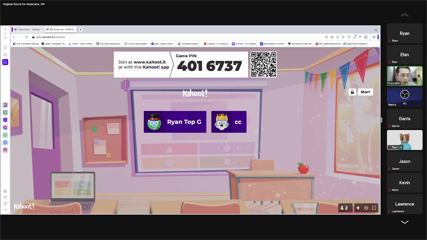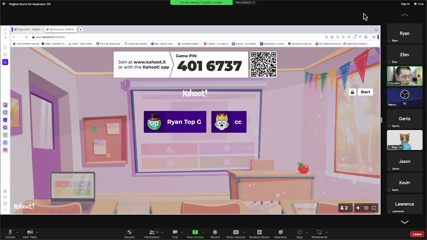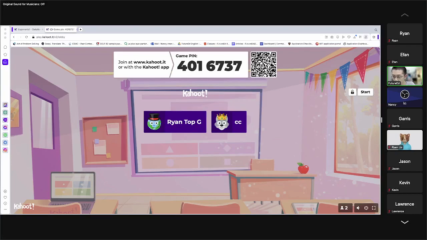Do I have any other volunteers who'd like to tell me what a composite number is? Jason, can you tell me what a composite number is? Thanks to Ryan Lin for turning on his camera. If the rest of you have cameras, you can turn them on too. You don't need to show your face; you can just turn on an avatar or anything. That works as well. Thank you, Garrus, I see you've had your camera on.